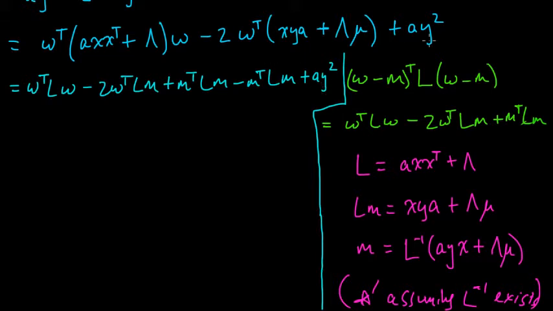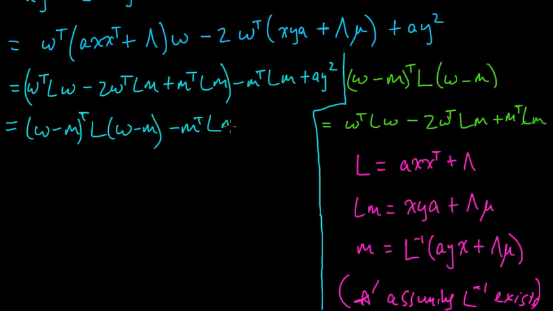Is that right? Yes, that's good. Now we can factor this. That's the completing the square: w minus M transpose times L times w minus M, minus M transpose LM plus A y squared.